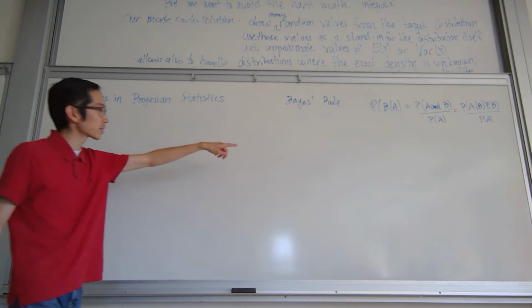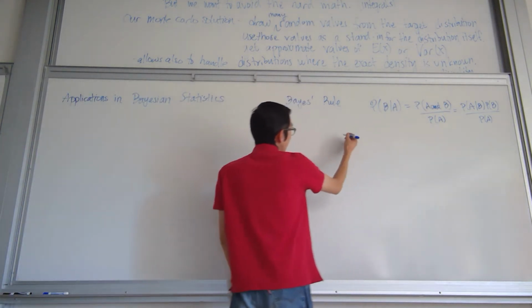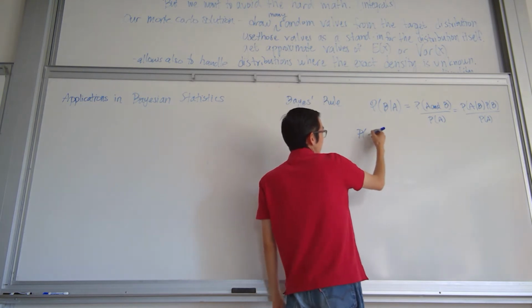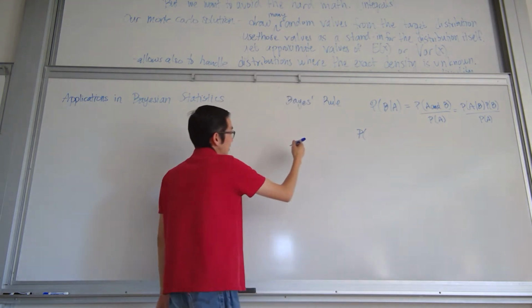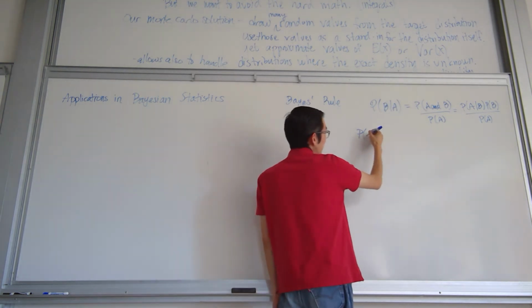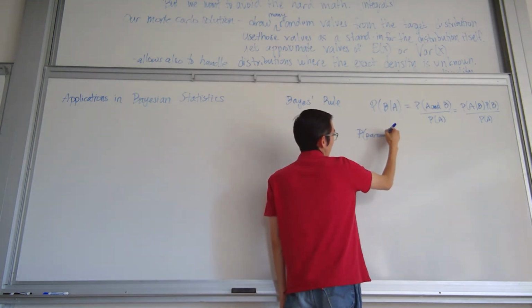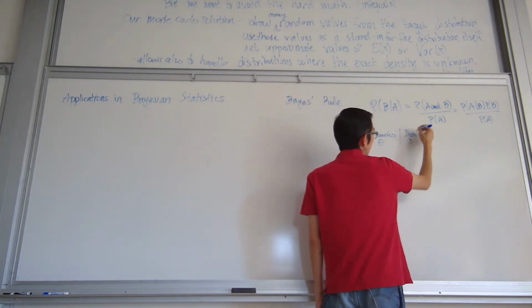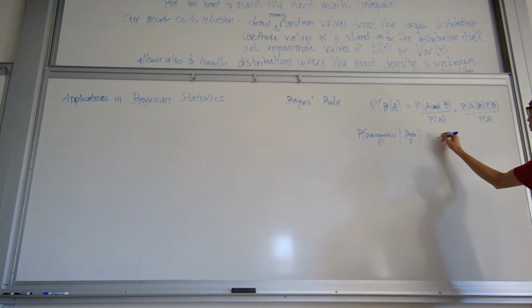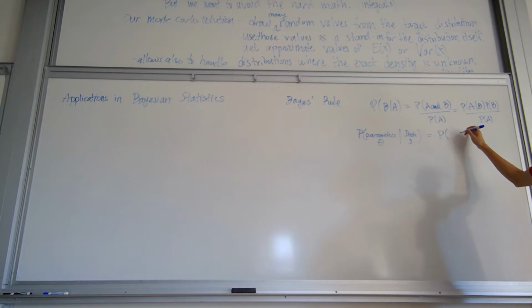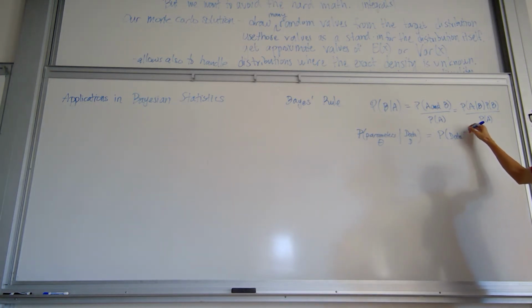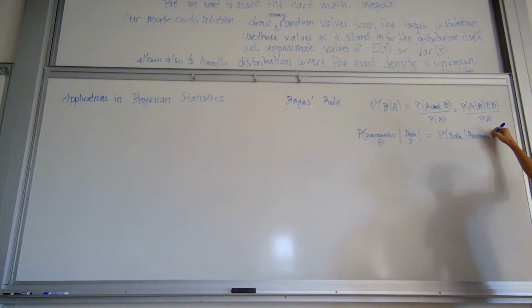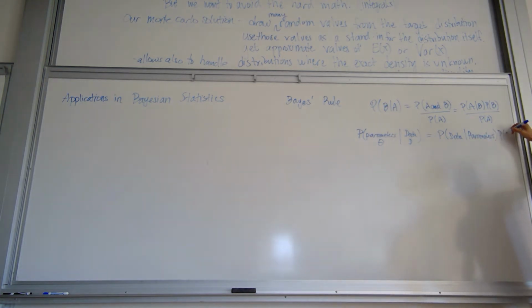In Bayesian statistics, this often becomes: we want the probability of some parameters, maybe parameters theta, given the data D. And using Bayes' rule, this can be simplified to the probability of the data given the parameters times the probability of the parameters divided by the probability of the data.